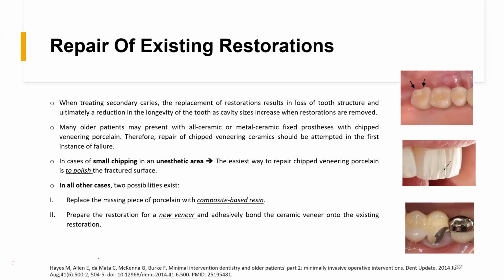However, in other cases, such as in aesthetic areas, or where there is a bulk fracture and the core material shows, we need to repair the fractured part using either a composite-based resin, or we can repair it by preparing the restoration for a new veneer and adhesively bonding the new veneer to the existing restoration using resin cement. So we consider the core material as tooth, prepare it, and cement or adhesively lute the new veneer.